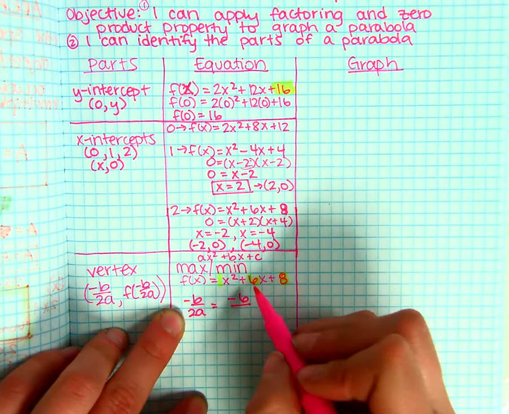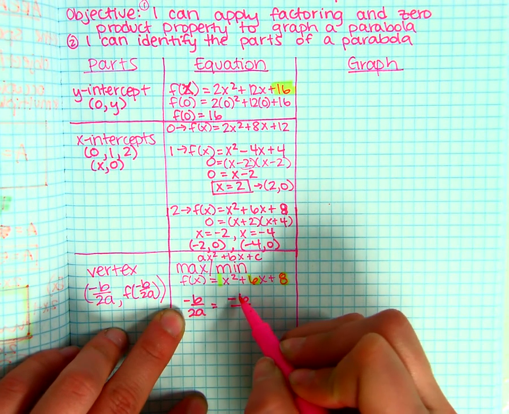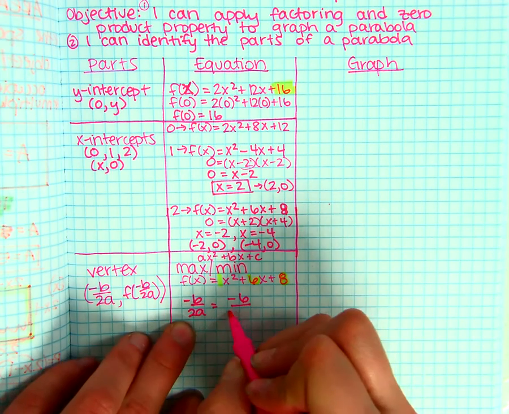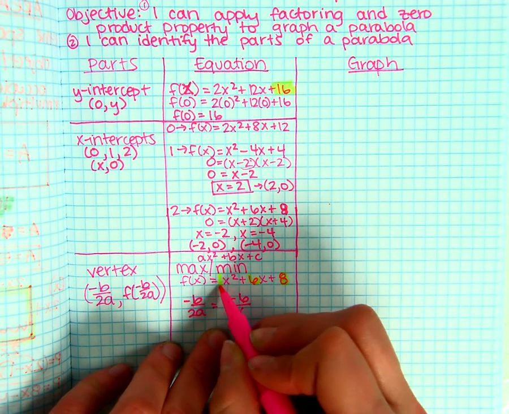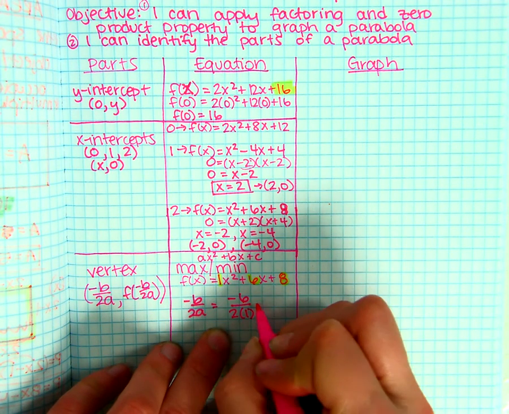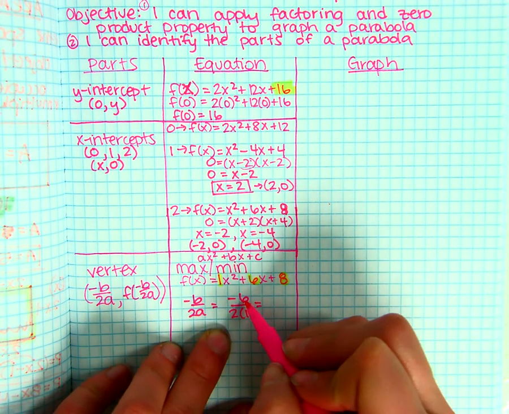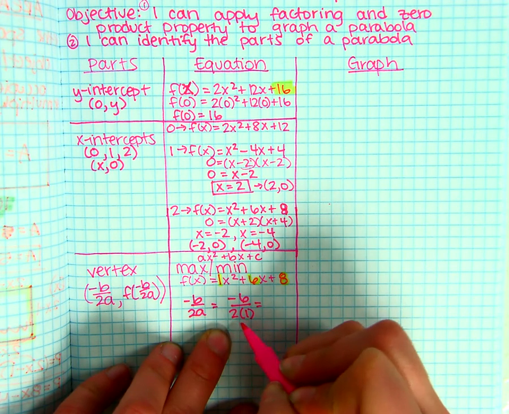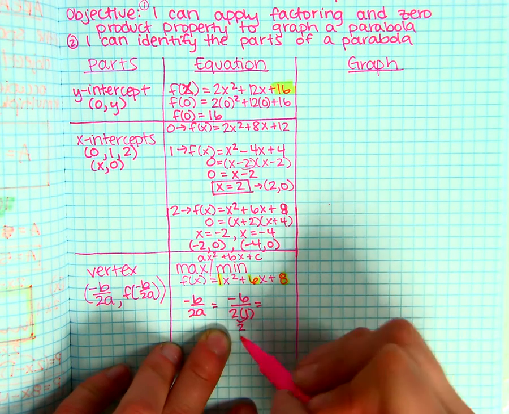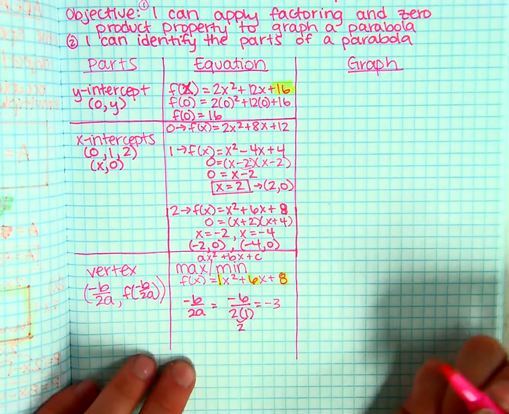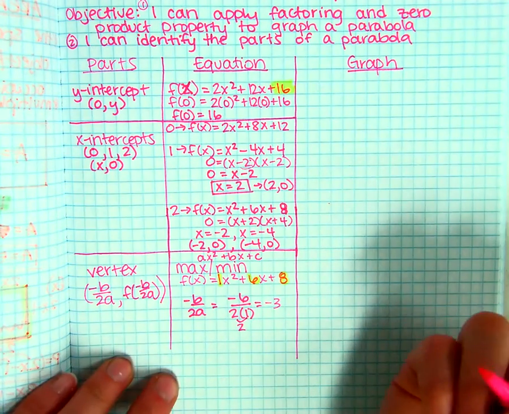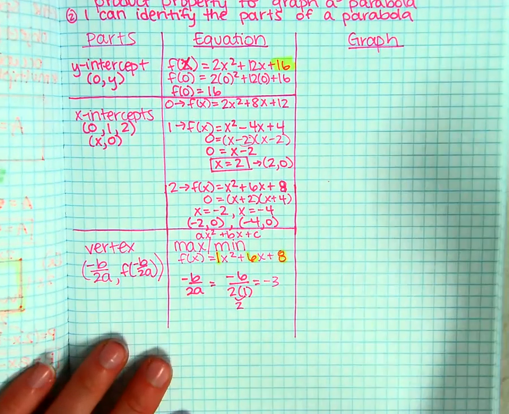It's positive, so I just write a negative times a positive is negative. 2 times a is 1. Negative 6 divided by 2 is negative 3. So that's going to be the x-coordinate of my max or my min.